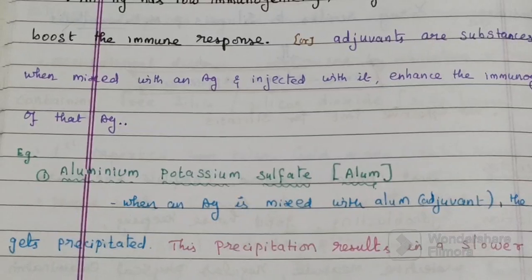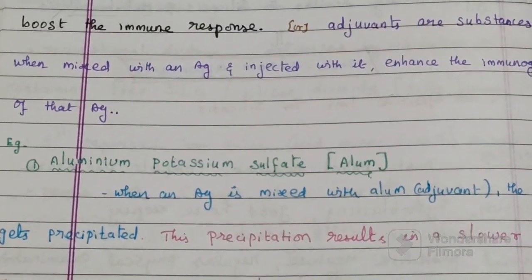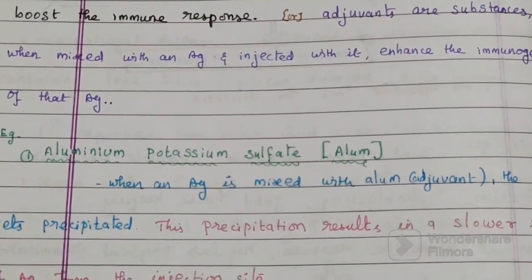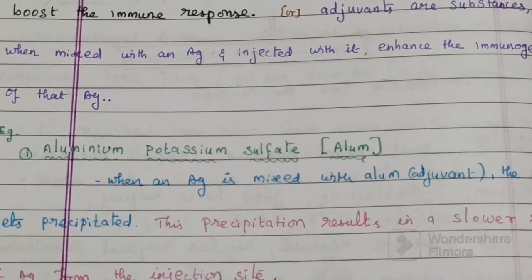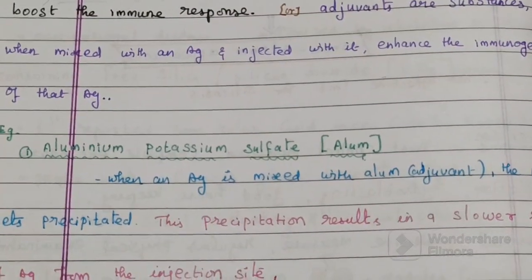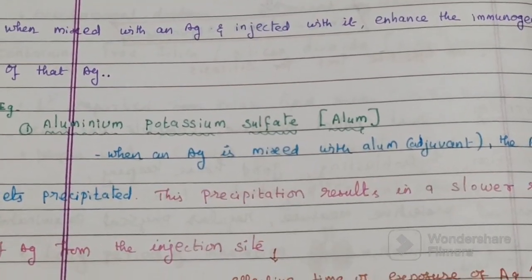So the immunogenicity of the antigen is increased if we use the adjuvant.